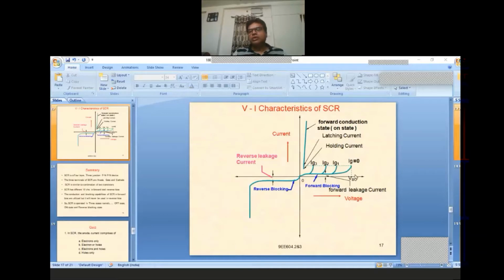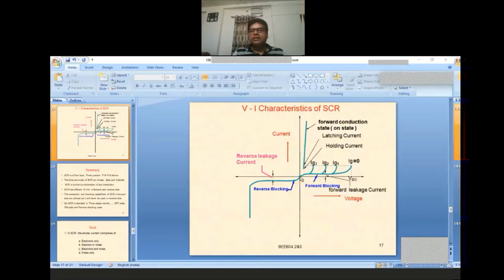But as the voltage increases and becomes equal to forward breakover voltage, avalanche breakdown occurs, and the total voltage which was blocked by the SCR till then falls. That is, voltage drop across the SCR falls down to very low values, and the current through the SCR increases rapidly.